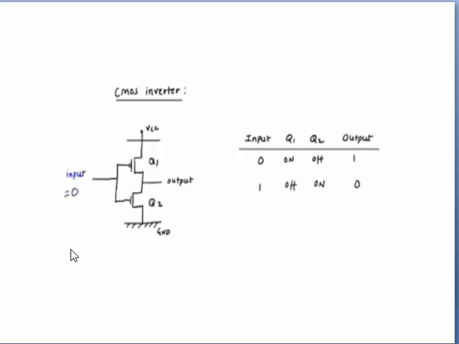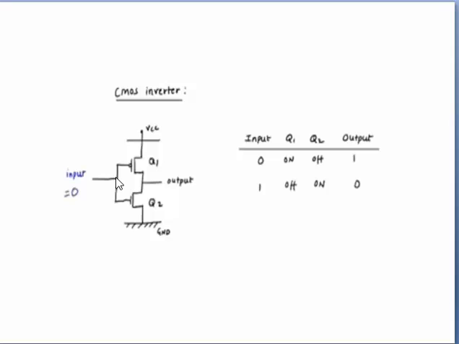So when input is 0, it means I am getting 0 at the upper side and also at the lower side. For the NMOS, if input is 0, then NMOS would be off, that means it acts as an open switch.